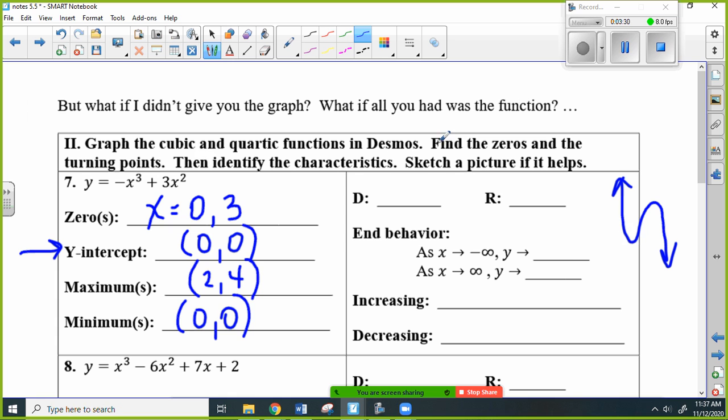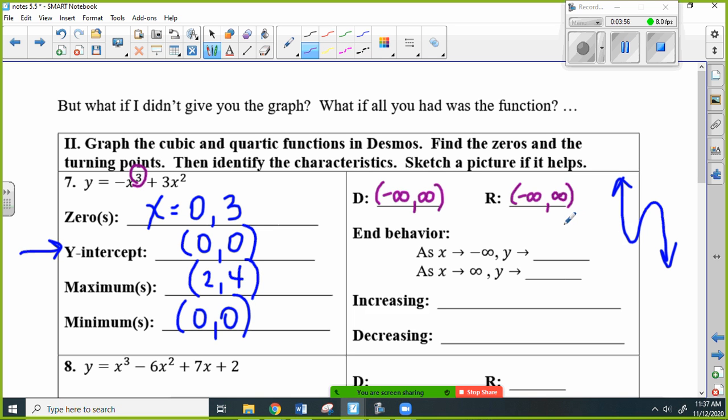All right, and then we're going to talk about everything else. All right, so it's cubic. Don't forget, you can look and see the highest power is x cubed, so it is cubic. All right, so your domain and range should be all real numbers again. If you don't remember that, you should still be able to look at the graph and decide that.